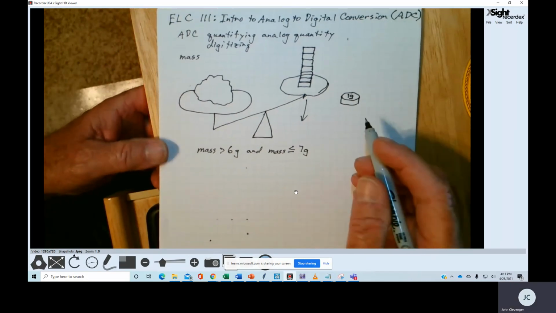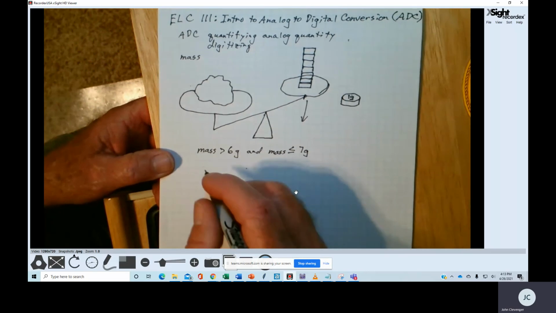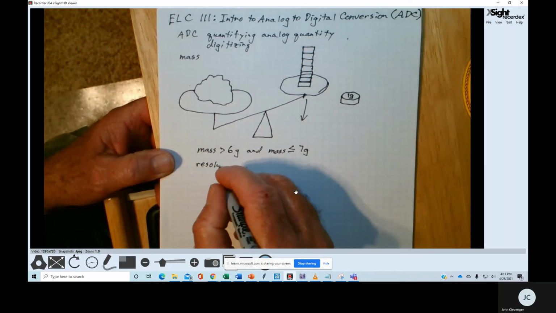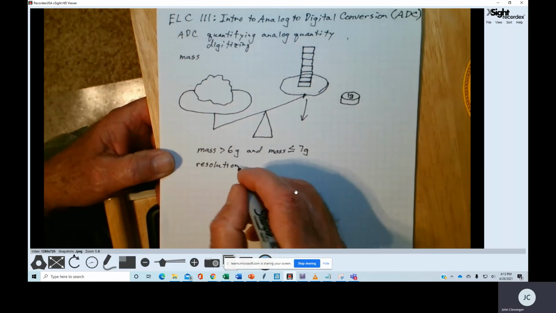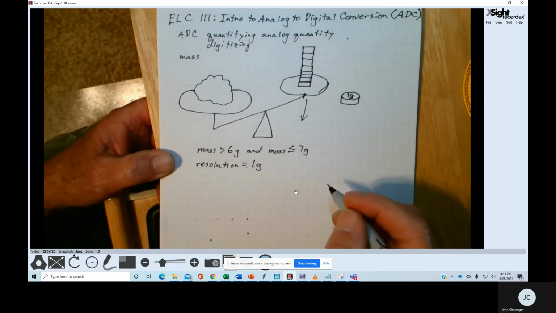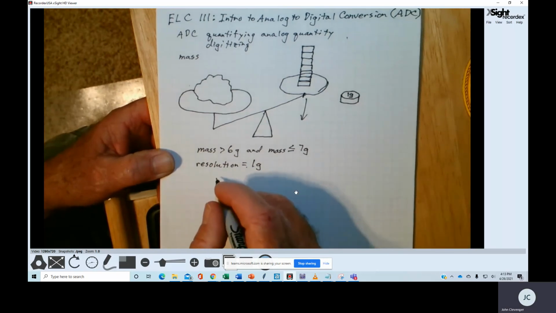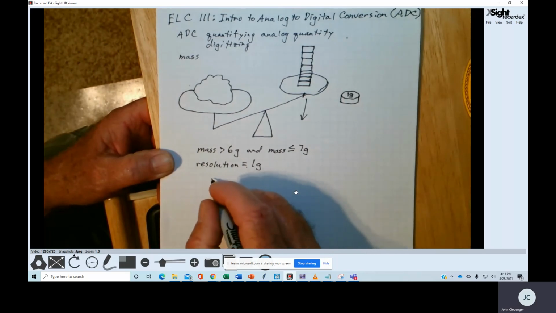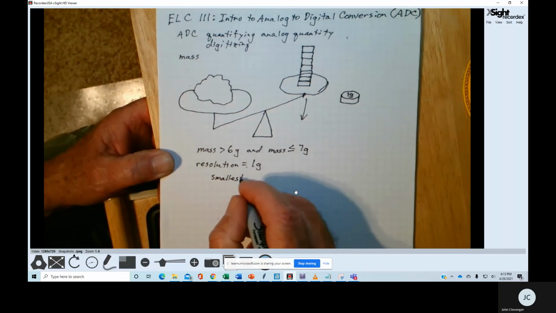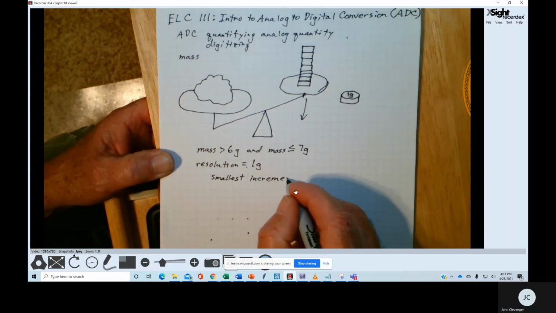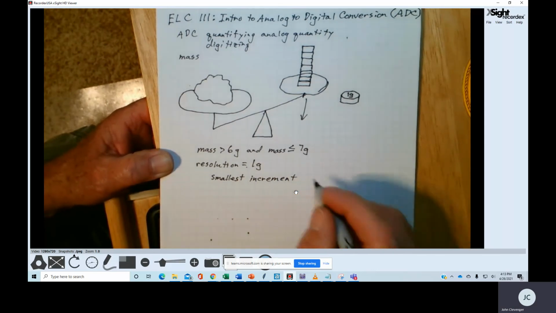Now, for the example I have used here, the resolution of our measurement system is equal to 1 gram. The resolution is simply what we'll say the smallest increment that we can achieve. The smallest measurement.